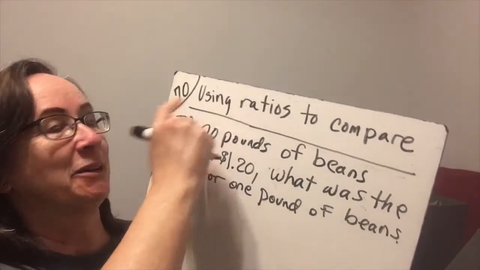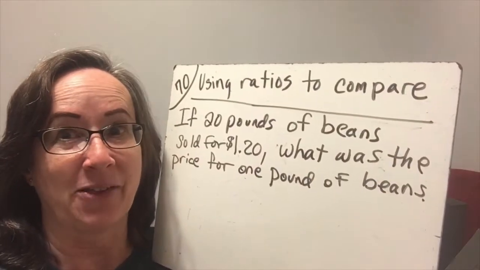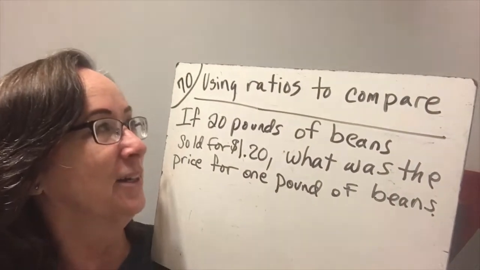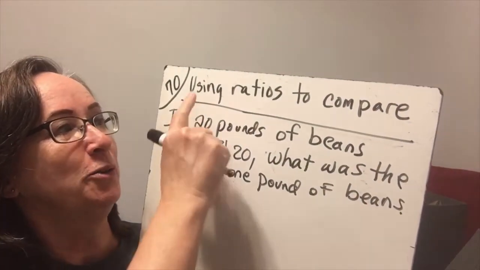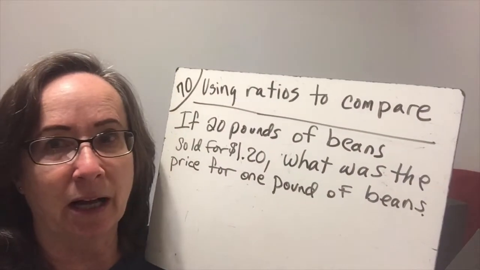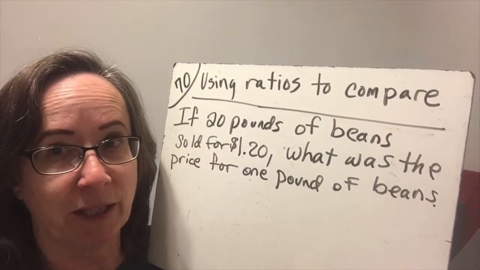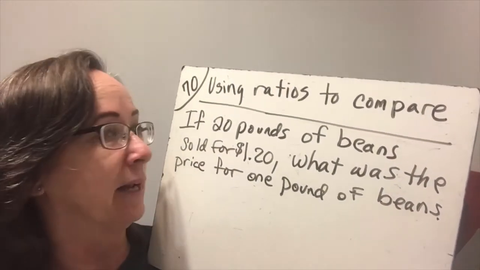And today we're here with lesson 70, which is the first lesson after the halfway point in our book. So we are using ratios to compare. And this is going to be all about unit rates, which is what you get when you get a 1 on the bottom.